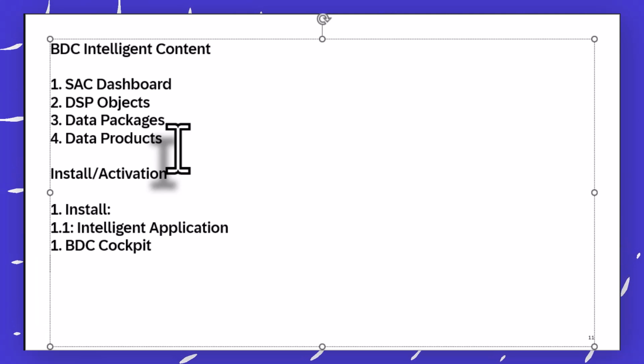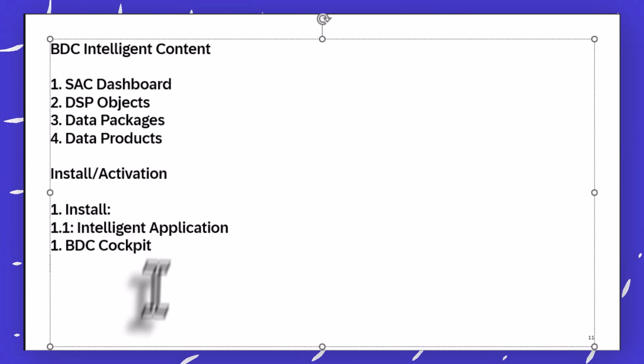Objects related to Data Sphere and objects related to SAC get created and activated. At the same time, it gets the data from the source system to the foundation service. So these are the operations it performs.